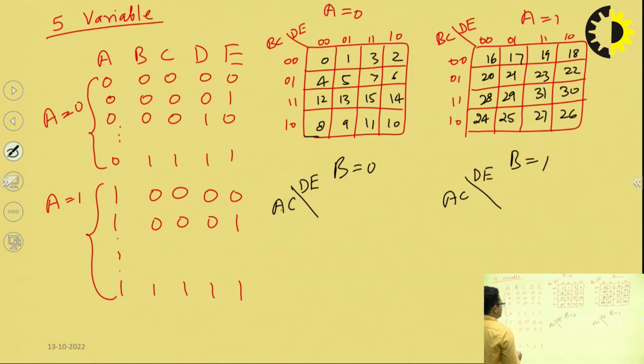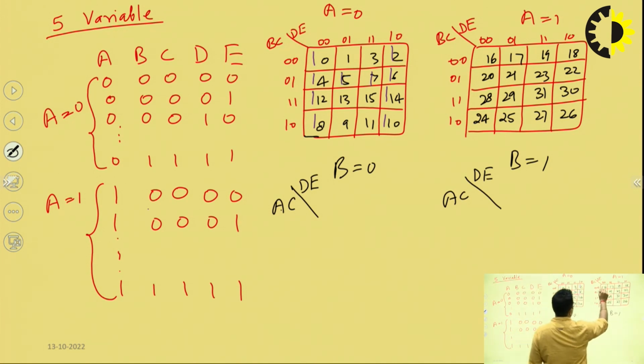So now, the very last thing is that, suppose we are taking some minterms. I'm just taking random values in this way, and this.